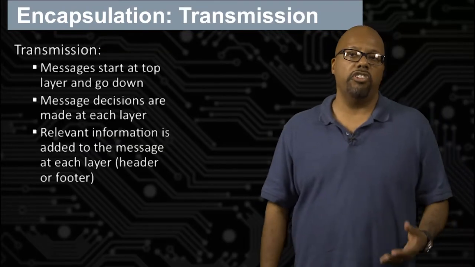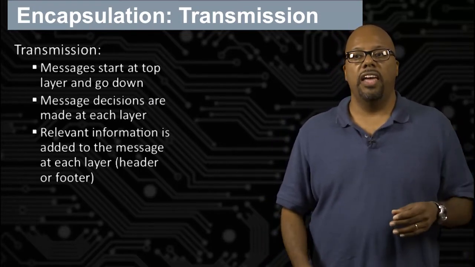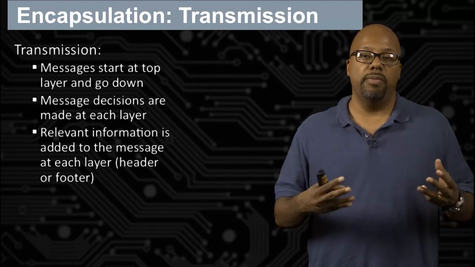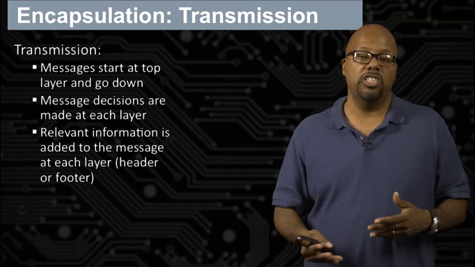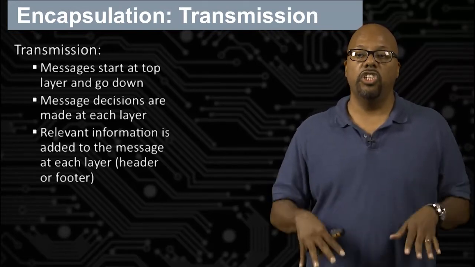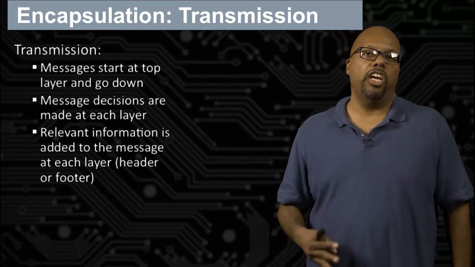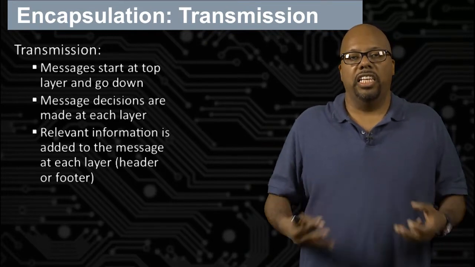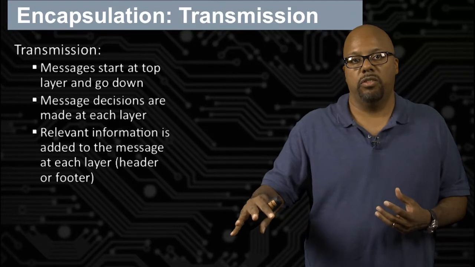At transmission, when you want to send a message, basically the messages start at the top layer and then they go down. You put the message into the top layer protocol, it makes its decisions, adds to the header, passes it to the next layer, which makes some decisions, adds to the header and continues until you get to the bottom layer. The bottom layer is called the physical layer, and at that layer it actually takes the data and puts it onto a transmission mechanism, some kind of medium.